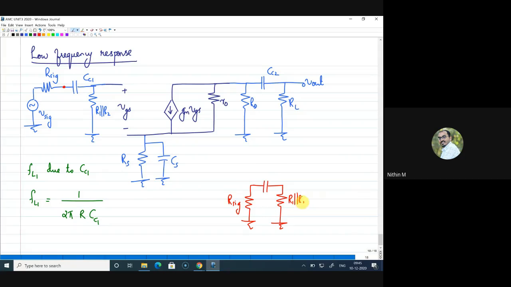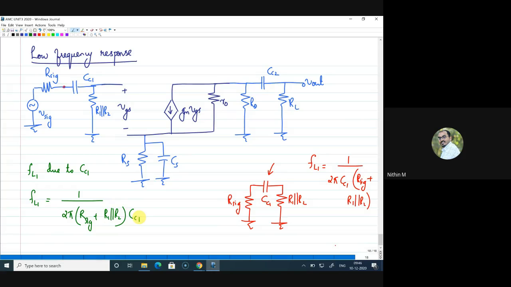So the shortcut method is: FL1 is equal to 1 by 2 pi into CC1 into the sum of the resistance connected across the capacitor. One is R signal from one end to ground, and the other is R1 parallel R2. So FL1 equals 1 by 2 pi times R signal plus R1 parallel R2, into CC1.